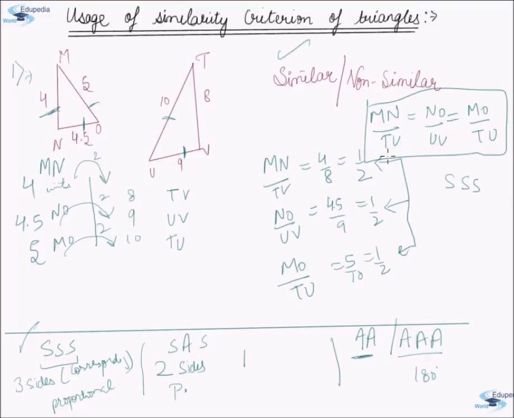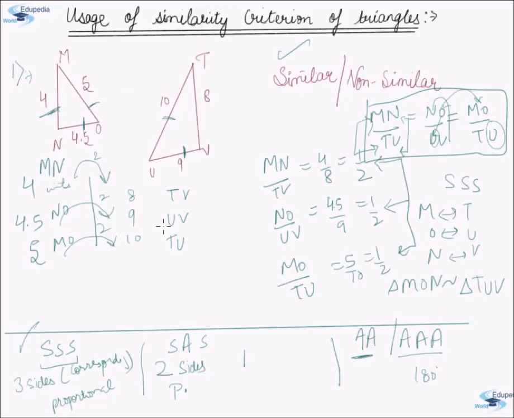Now regarding the order in which the triangles are similar, if we look here, M is corresponding to T and N with V. Now since N is corresponding to V, therefore O is corresponding to U, because in both the cases when O is occurring, then in the denominator we have U. Thus we can say M corresponds to T, O corresponds to U, and N corresponds to V. Thus triangle MON is similar to triangle TUV.